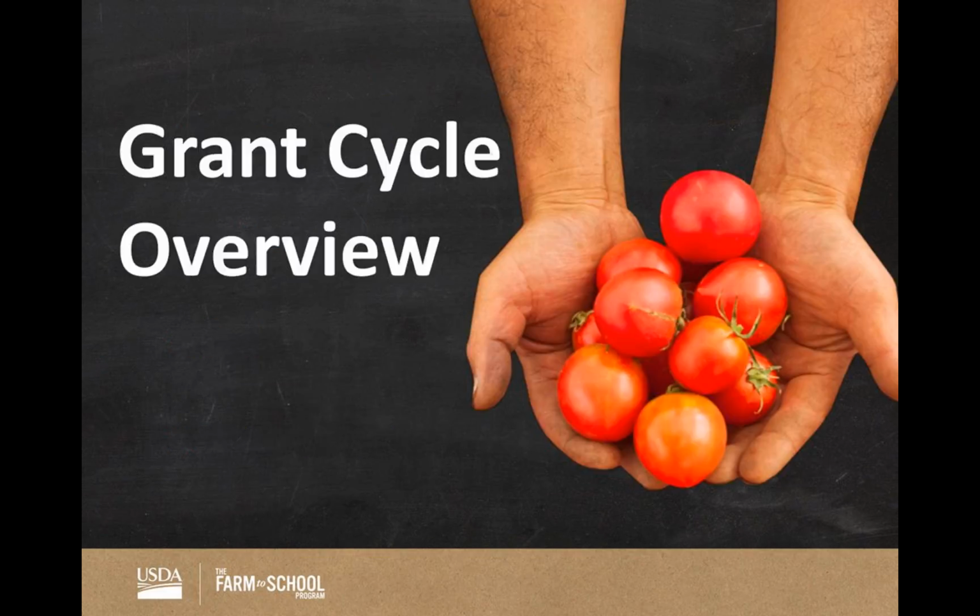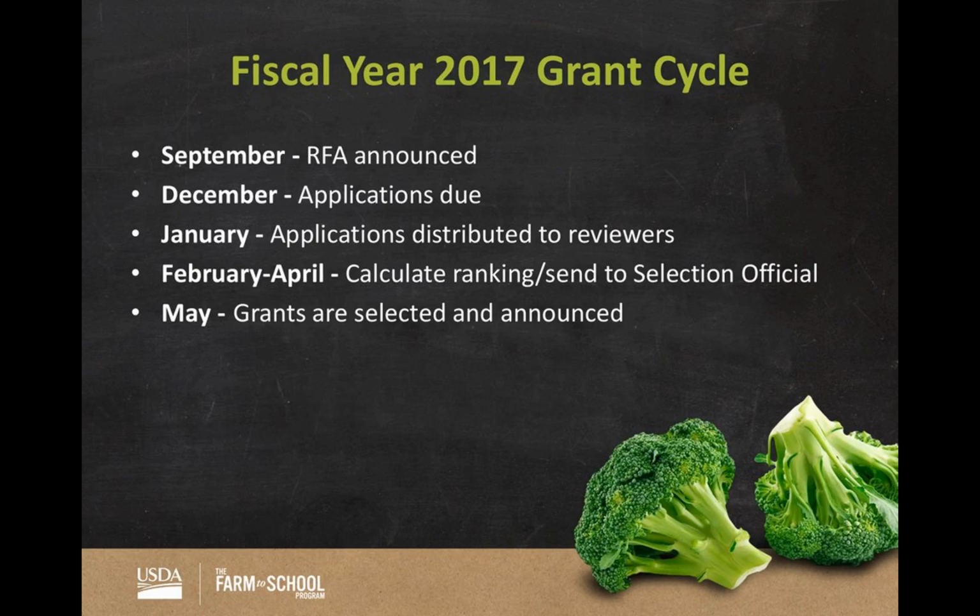So we're going to hop into the grant cycle overview. What does the grant cycle look like from A to Z? For those of you who have participated in the review cycle in previous years, you may have noticed that we shifted our grant cycle for fiscal year 2017 a little bit. This time around, we announced our request for application, RFA, in September. Applications were due December 8th.